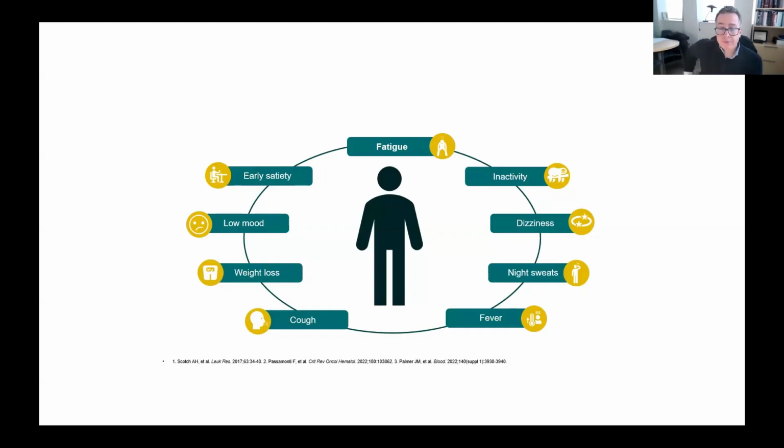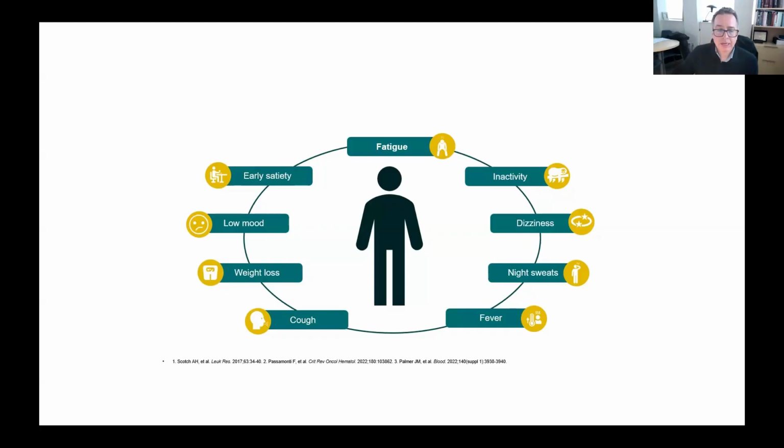Weight loss can be for many reasons, including cytokines, the inflammation that's associated with the disease, or an enlarging spleen that causes reduction in ability to eat. Or anxiety and depression can lead to low appetite and weight loss. And this can all contribute to and exacerbate mood and depression.